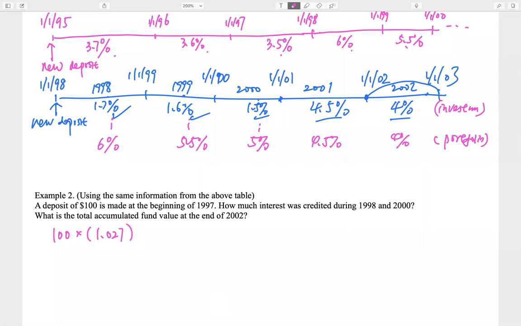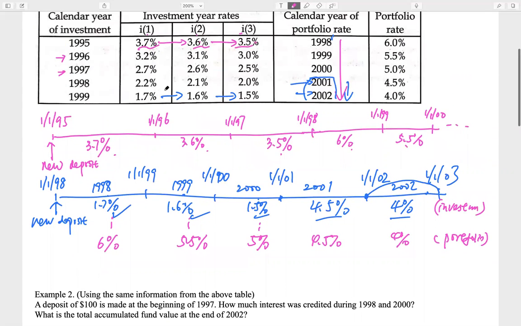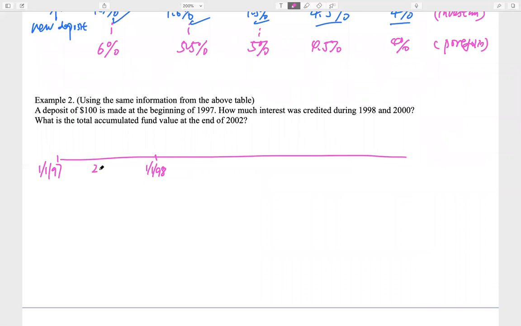So let me draw the graph so that you understand better. So here is January 1st, 1997. So for the first year, the interest rate is 2.7%. Okay, so here I make a deposit of $100. So by the end of the year, my money will be $102.70, right? That's because I apply the interest rate of 2.7%.